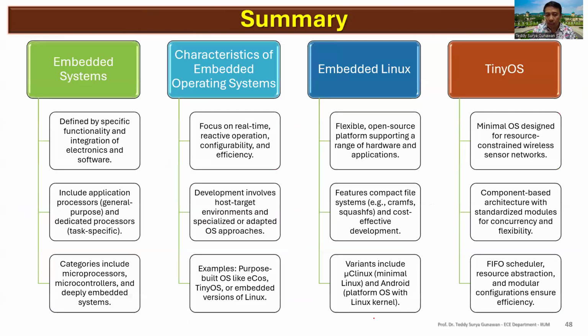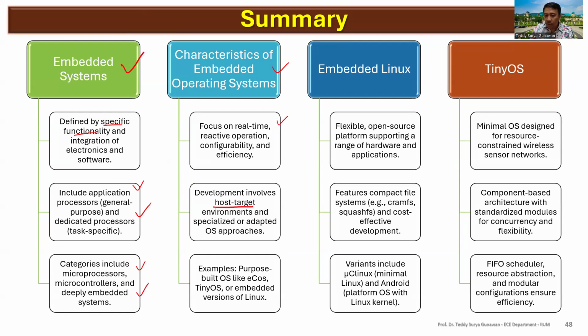So, a summary for this chapter: we have discussed embedded systems, with specific functionality and the integration of electronics and software. We also discussed general application processors and dedicated processors, and we categorized microprocessors, microcontrollers, and deeply embedded systems. The characteristics of an embedded operating system are a focus on real-time, reactive operations, and development including host and target.